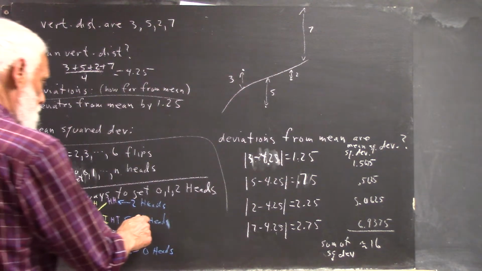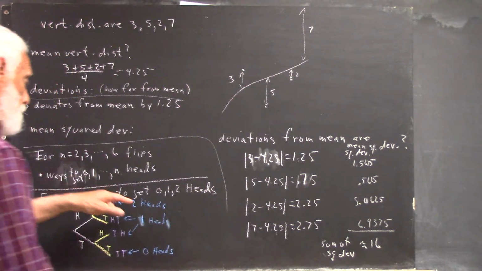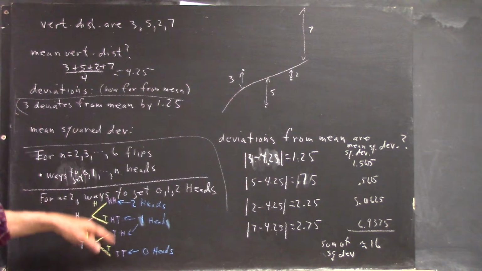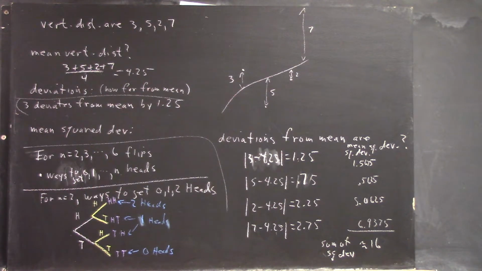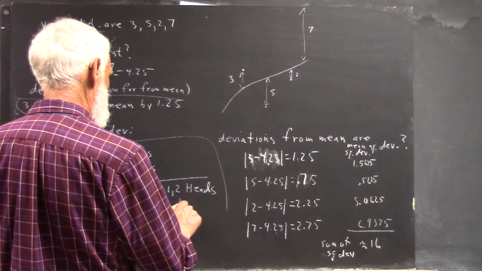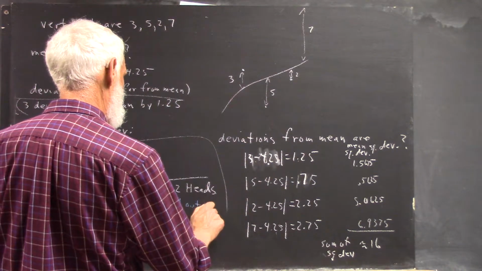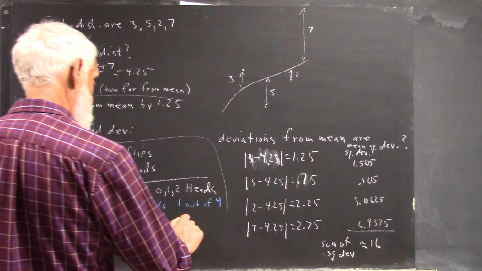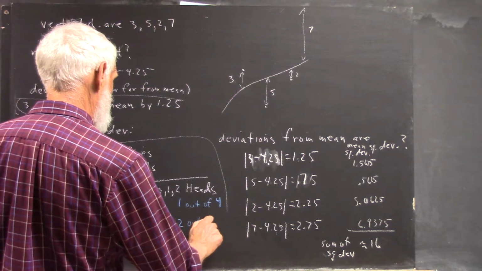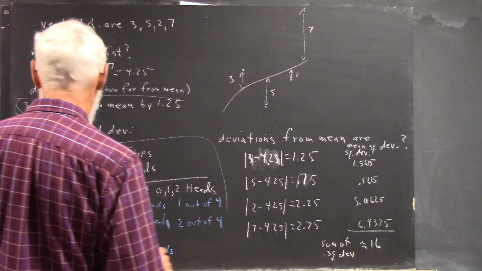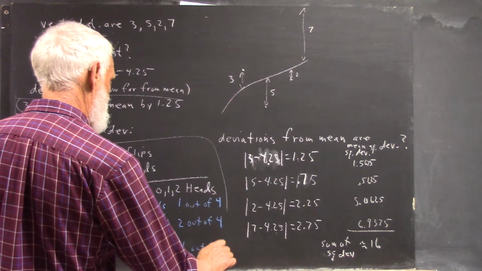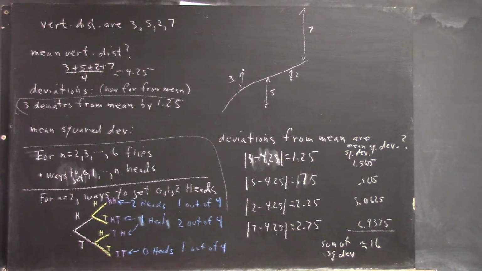Okay, so probability of getting 2 heads is what? 1 out of the 4 possibilities gives you 2 heads, right? One head, there are 2 out of the 4 possibilities, right? And no heads, 1 out of 4, right? I get it now. Okay?